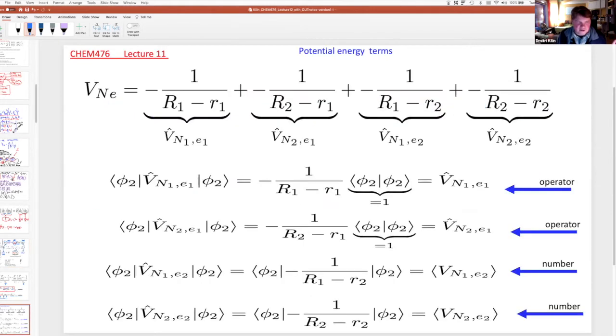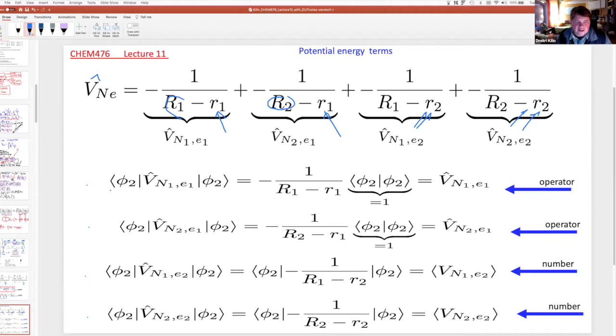So for the second, I am considering an example where I have 2 ions and 2 electrons, and the operator of nuclear to electron attraction has 4 terms: attraction of the first electron to the first and second ion, and attraction of the second electron also to the first and second ion. Each of these 4 terms is here.